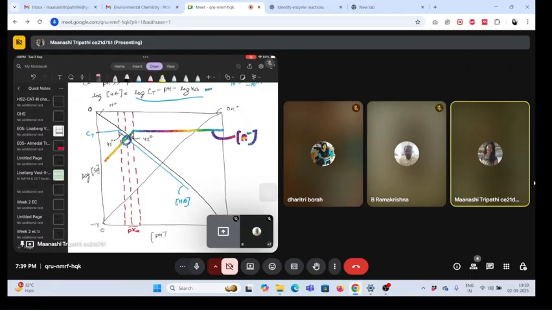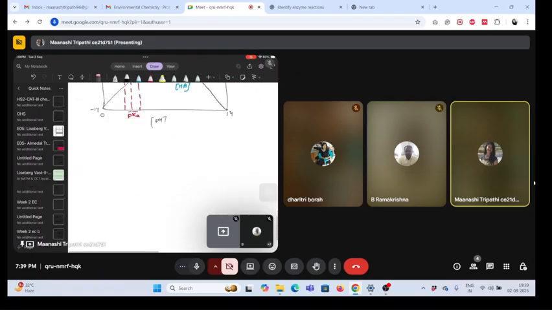Coming to the equilibrium diagram of the weak diprotic acid. I was planning to tell you three concepts only. One is the equilibrium diagram of a strong acid. We have seen it was simple. Let's revise it again.